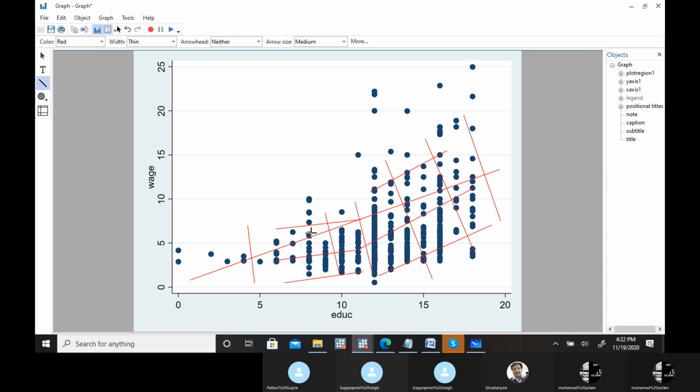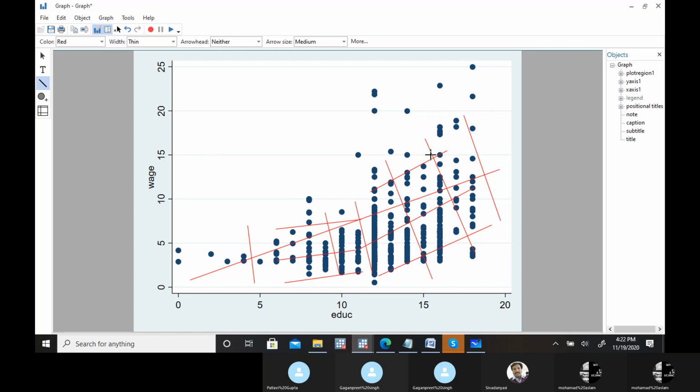So just apply a keep if command: regression wage education if wage is less than or equal to 15. Let's suppose with this interquartile range, you get 15 as the benchmark criterion for outliers.